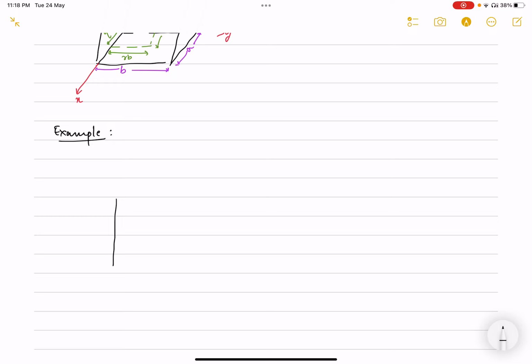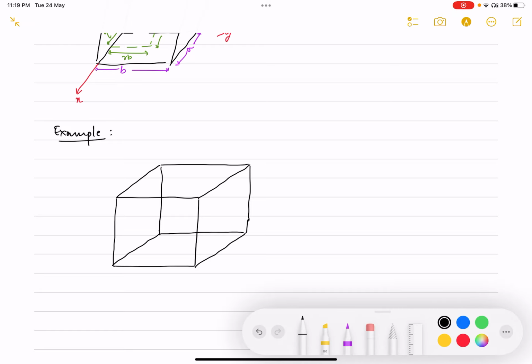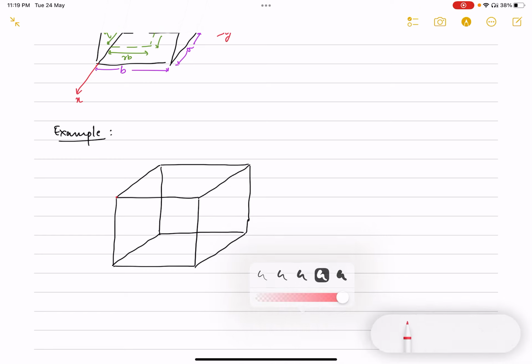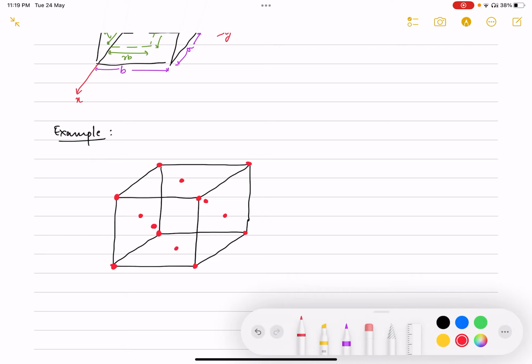This is a unit cell, and these are the points that we have.